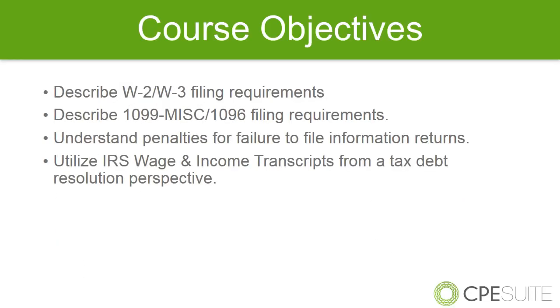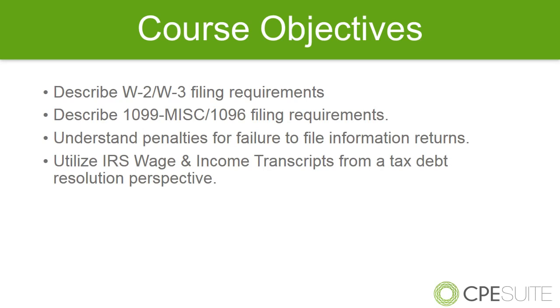Let's go ahead now and jump into our course objectives. We're going to start by taking a look at the W-2 and W-3 filing requirements. Later on, we'll take a look at the 1099 miscellaneous filing requirements. Before that, we'll take a big picture overview of information returns in general terms. We're going to specifically be talking today about penalties that are incurred for failing to file information returns.